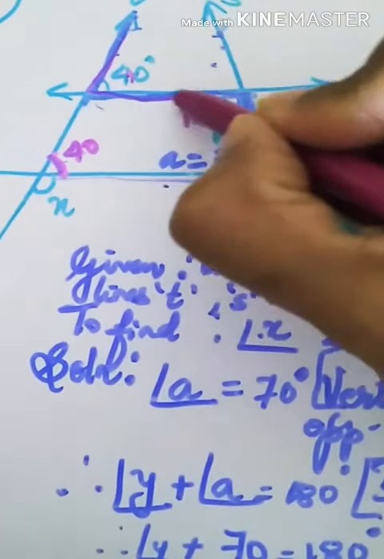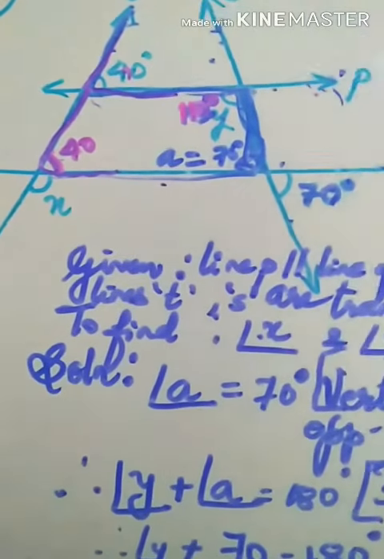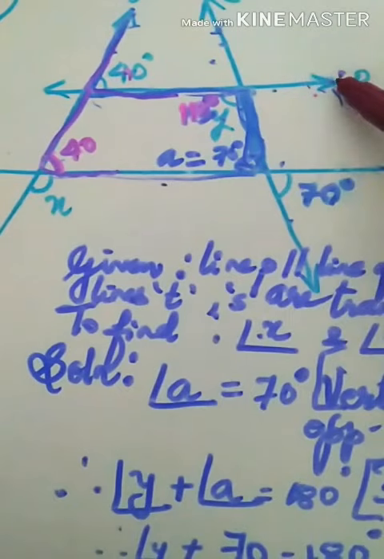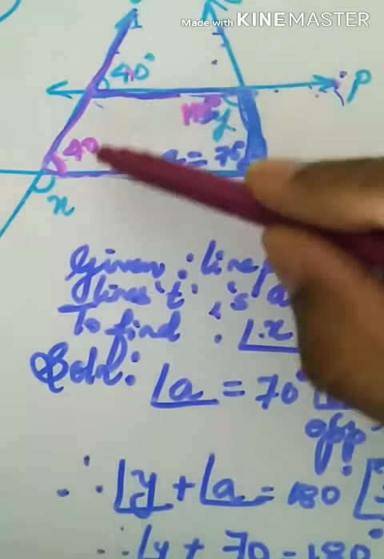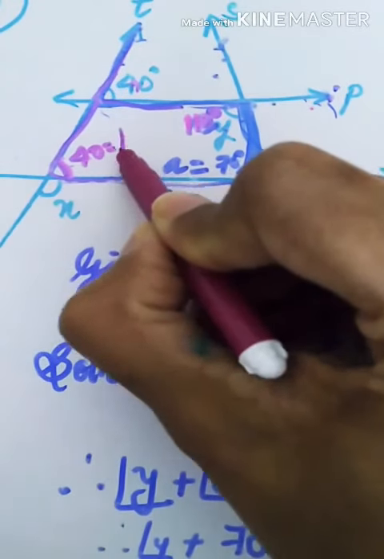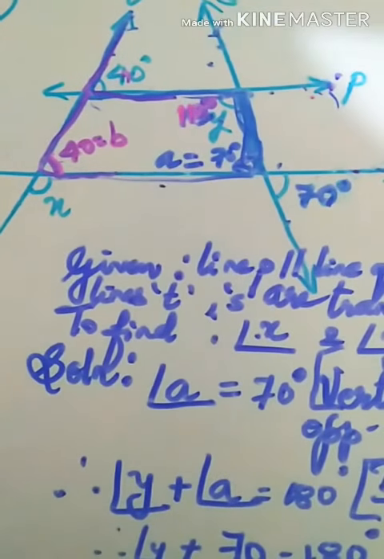This angle and this angle, both the corresponding angles, are lying on line P and Q. So they both are congruent. So this 40 degree angle, I will name it as B. Here I took A, so here I will write it as B.